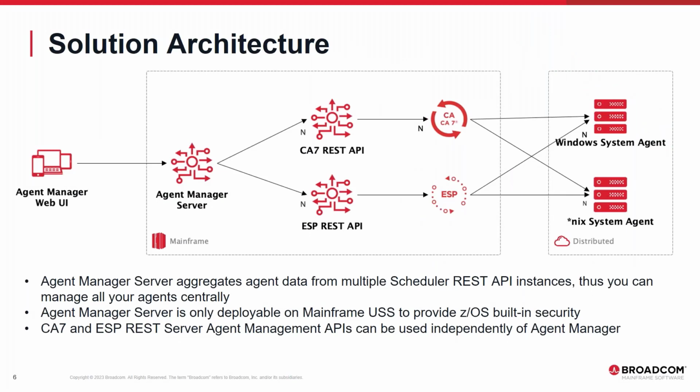For some of you, this slide might not be new if you have already attended some of our previous webinars or the reviews we were scheduling, but this is a high-level overview of how the Agent Manager solution is built and how it works. As you can see in the picture, the end user interacts with the Agent Manager through the web UI, which communicates with the Agent Manager server running in the backend.